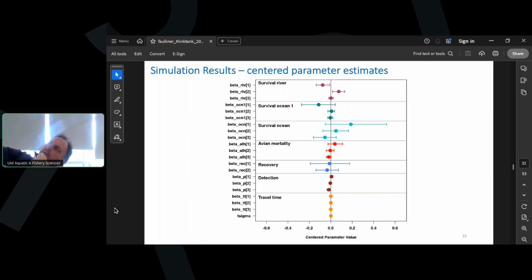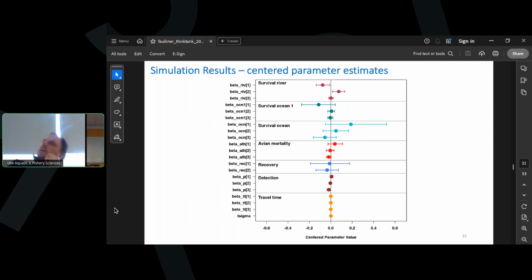So you have first year survival and river survival, their intercepts are lower than expected, and then the ocean survival is higher than expected. So did you look at your posterior samples to see if there's a correlation? Looking at this, you think it's just compounding between the two different sources.